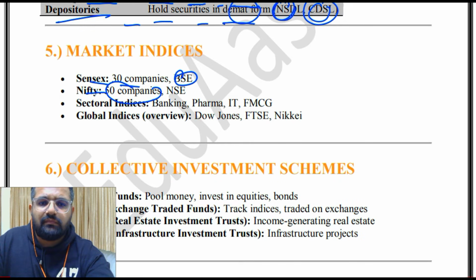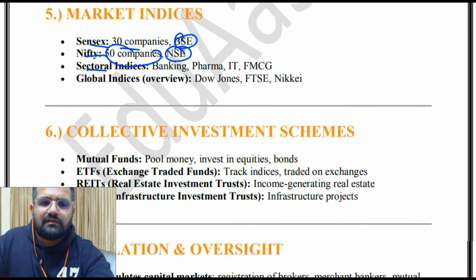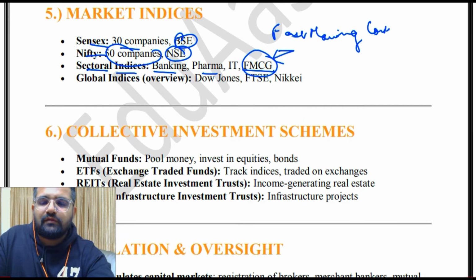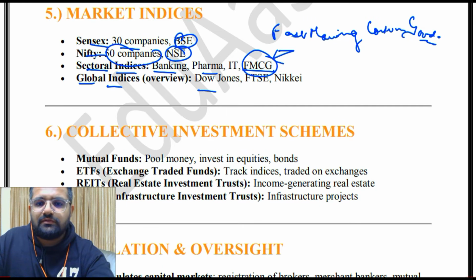Nifty 50 companies, National Stock Exchange. Sectoral indices, banking, pharma, IT, FMCG. What is the full form of FMCG? Fast moving, you will tell me. Consumer goods. Then global indices, Dow Jones, FTSE, Nikkei.